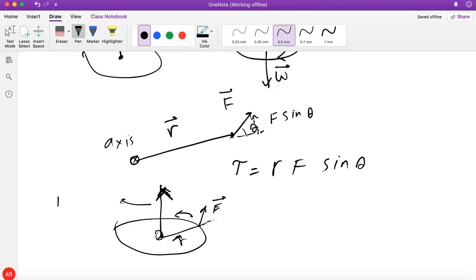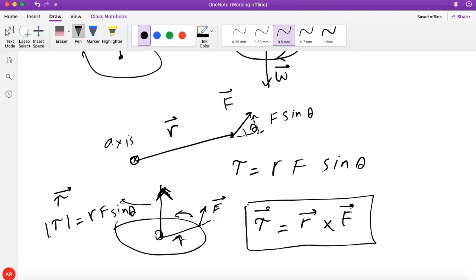So the vector tau is a vector in that direction whose length is r F sine theta. But that's precisely, according to the definition of the cross product, r cross F. So that's a useful vectorial definition of torque.